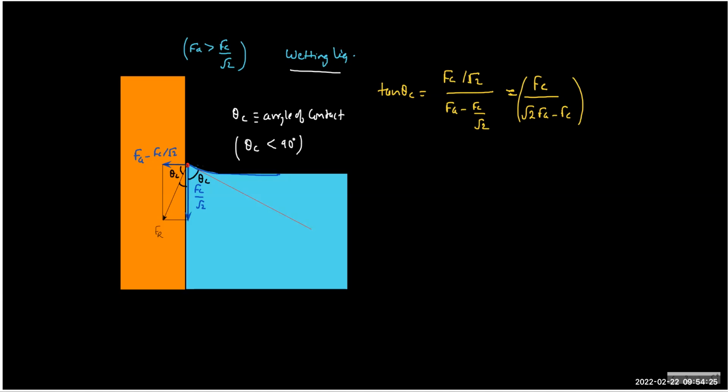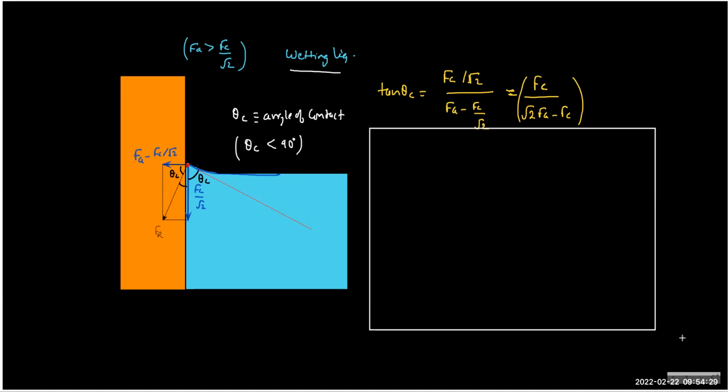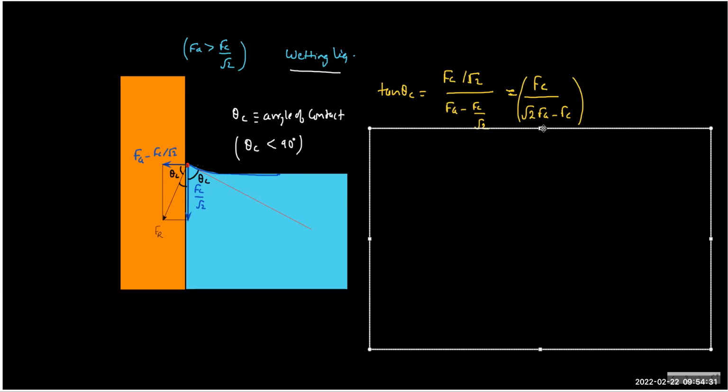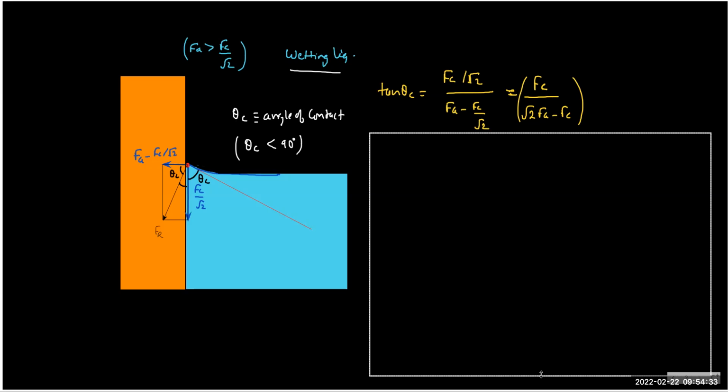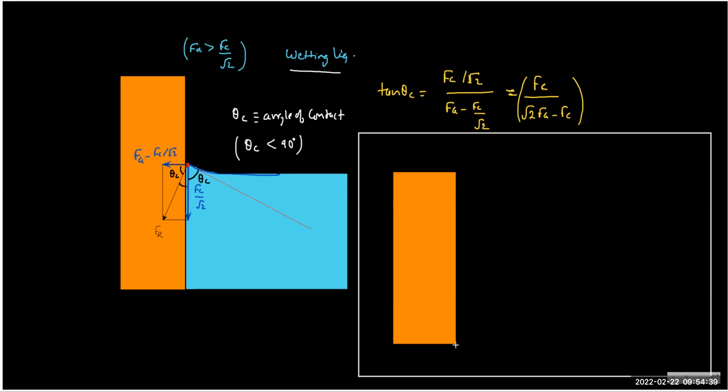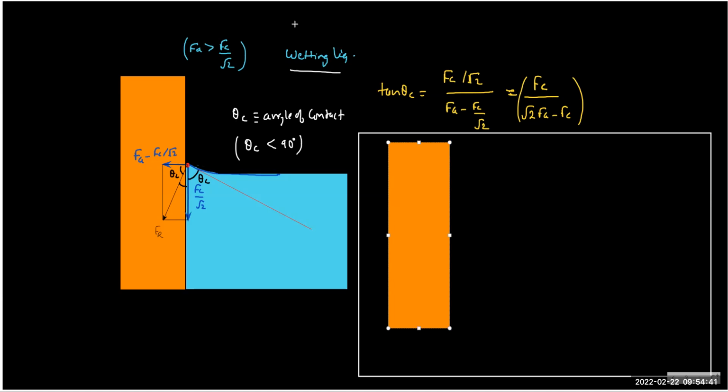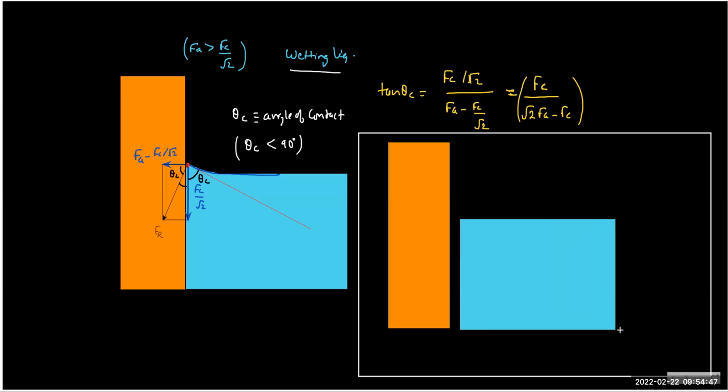Now we can take case 2. Maybe I can cover this part. This is good enough space for case 2. So same scenario, this is the red dot again.